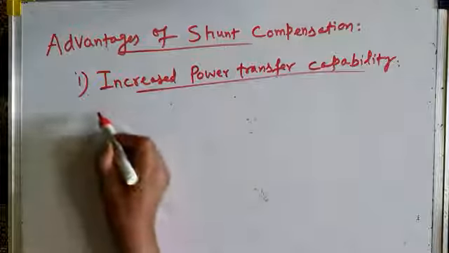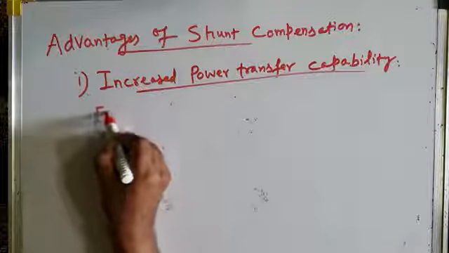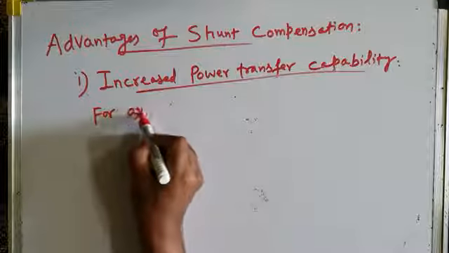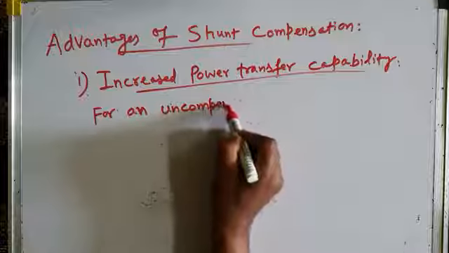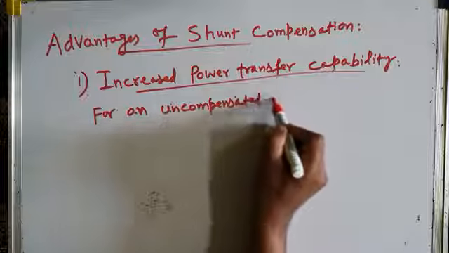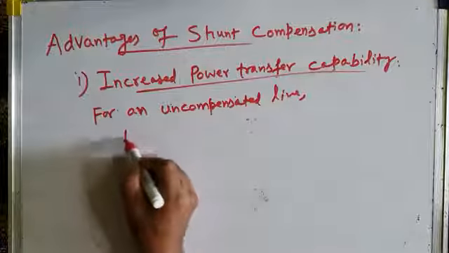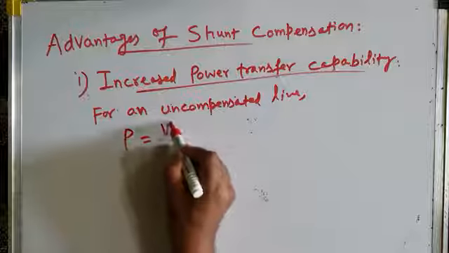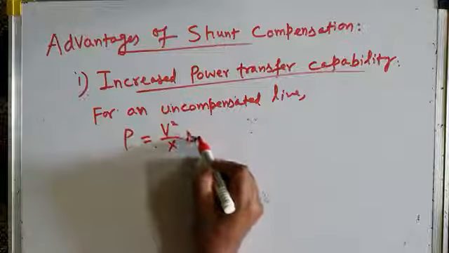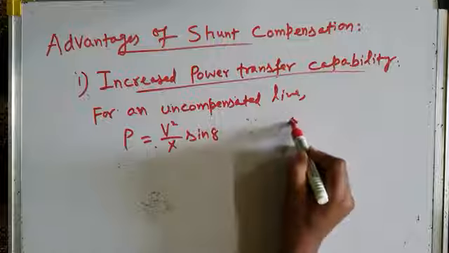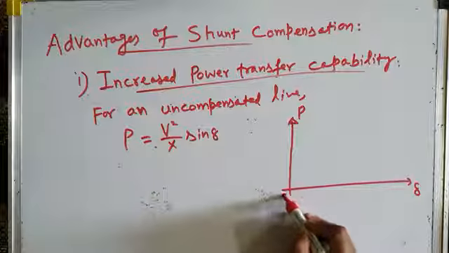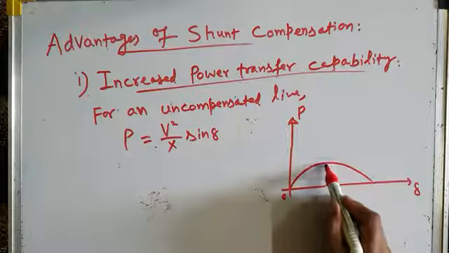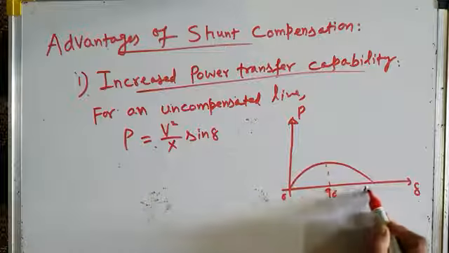In this context, we already know that for an uncompensated transmission line, the power which is transferred over the line is simply given by V square by X sine delta. And if you draw that power angle characteristic, it is something like this. This is, say, 90 degrees and this is 180 degrees.